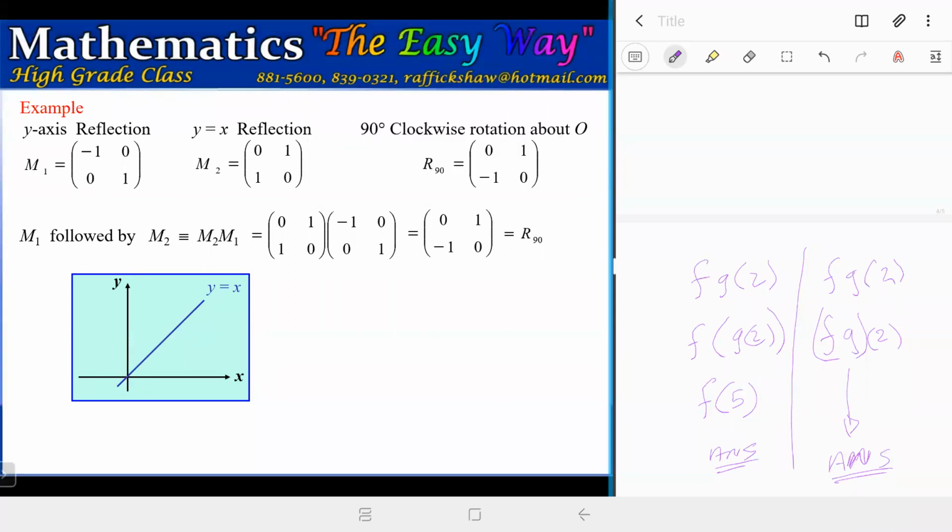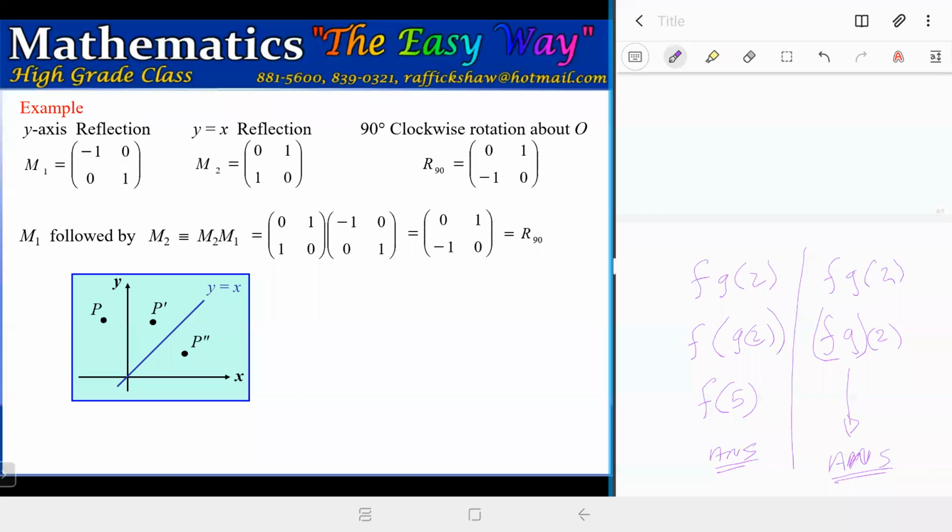Pay attention. I have that point P. First, M1, which is a reflection over the y-axis, takes me to that point. And then M2, which is a reflection over the line y equals x. I do that second reflection, and I end up at that point P double prime.